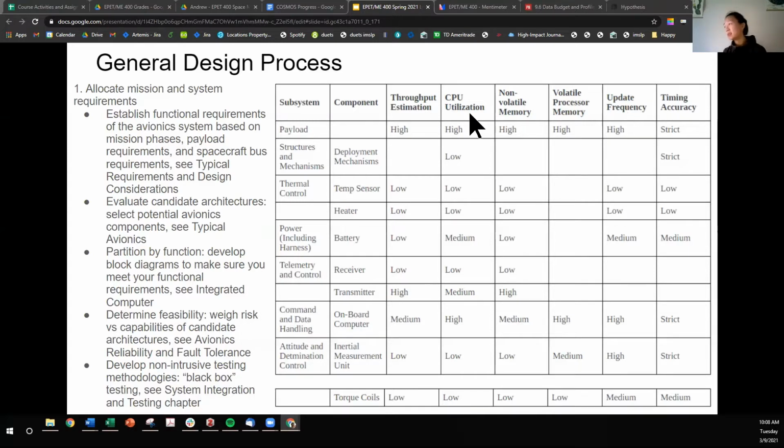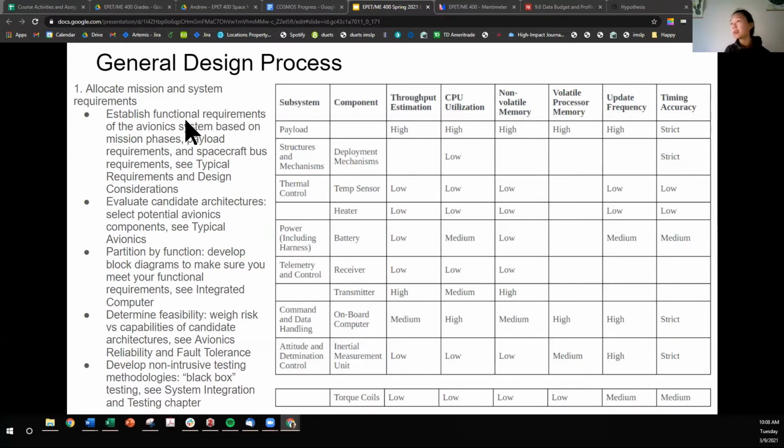CPU utilization, which is the amount of processing power you want. The amount of memory. Timing accuracy relates to real-time operating systems, and update frequency is how frequently you ping different subsystems.